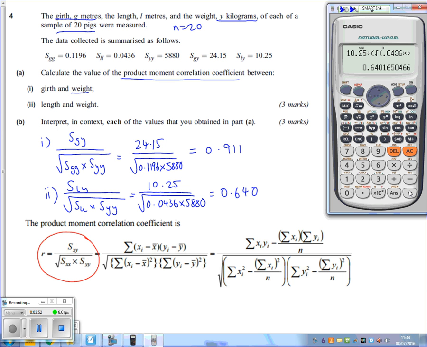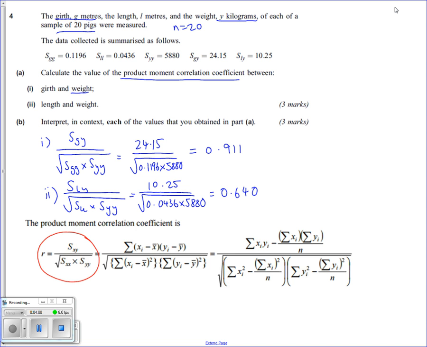In part 2, it asks us to interpret in context each of the values that I obtained in part A. Obviously we can see that girth and weight are more correlated. There's a very strong correlation between those two, so very strong positive correlation. And then for length and weight, it's still positive correlation, but now it's a moderate positive correlation.